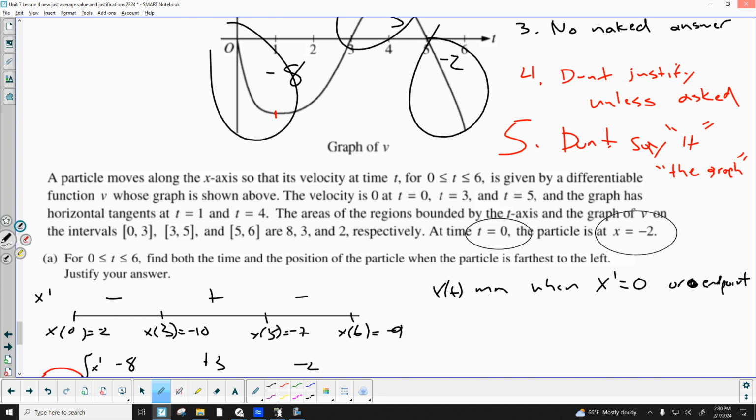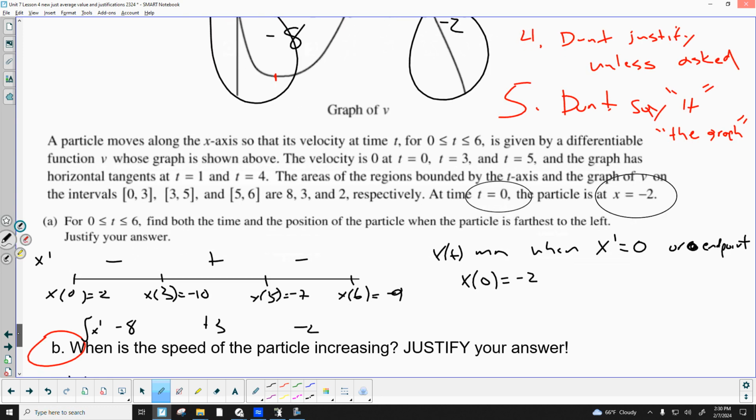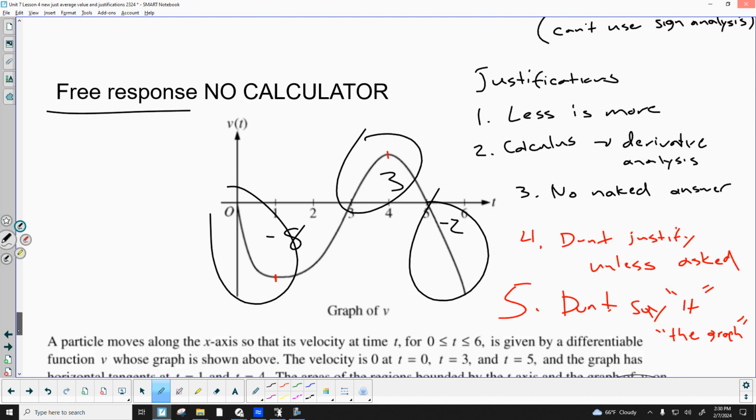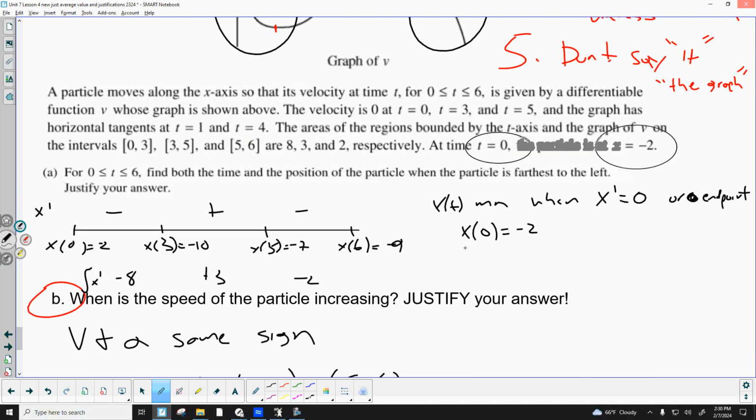This is showing that you understand where candidates for minimum come from. Next, you need to provide your position with all of the work that went behind them. What do I mean by that? You need to say x of 3 equals x of 0 plus the accumulation, and that gives you -10.